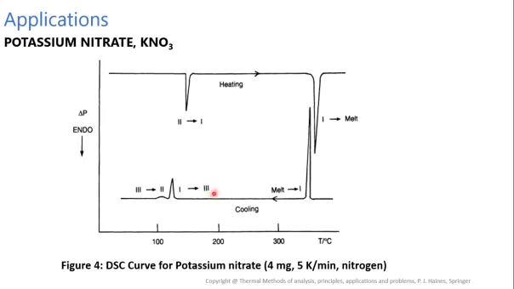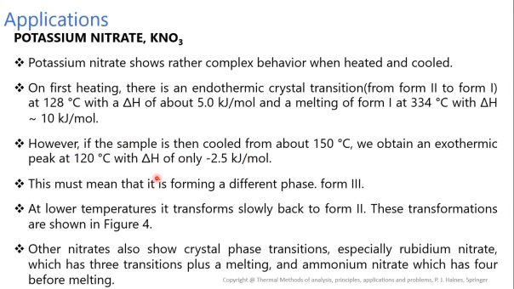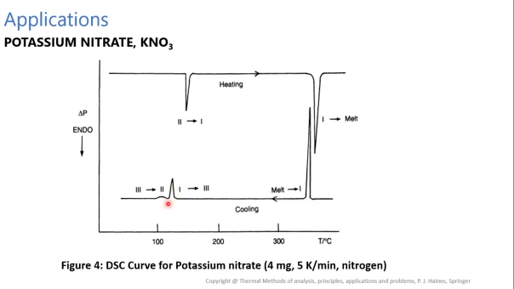Look at the exothermic condition: at 120 degrees Celsius it releases some amount of energy, so only a small amount of energy is transformed, and it is minus 2.5 kilojoule because the energy is released, and that's why the sign is minus.